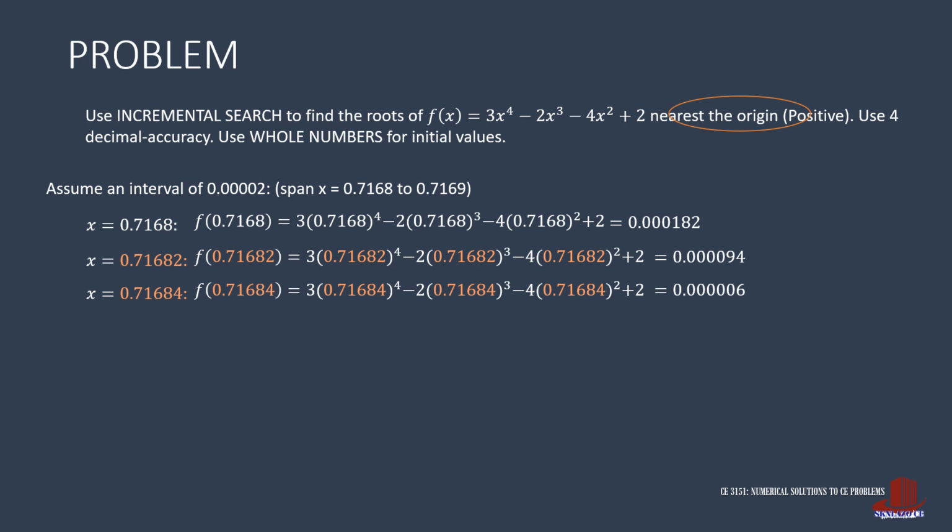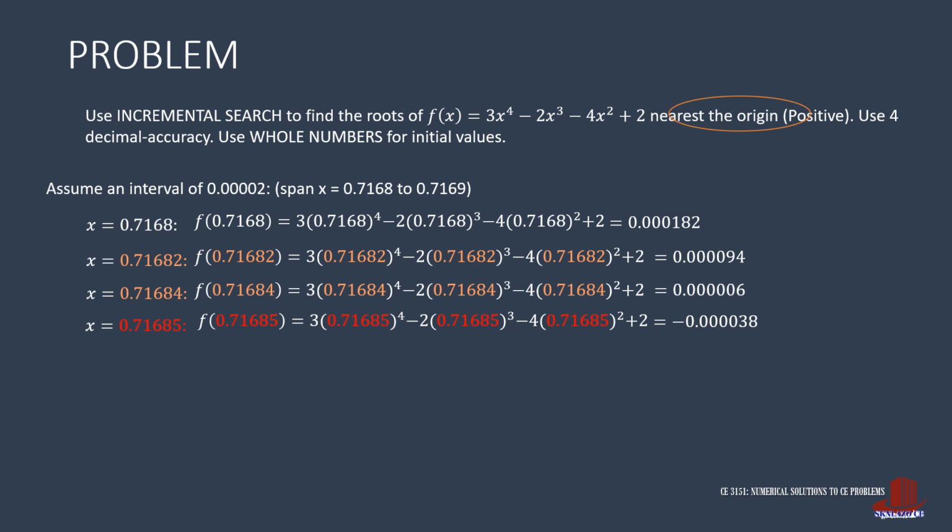This time, instead of an interval of 0.00002, we use 0.00001, where x is then 0.71685. Plug this into the equation to come up with negative 0.000038.